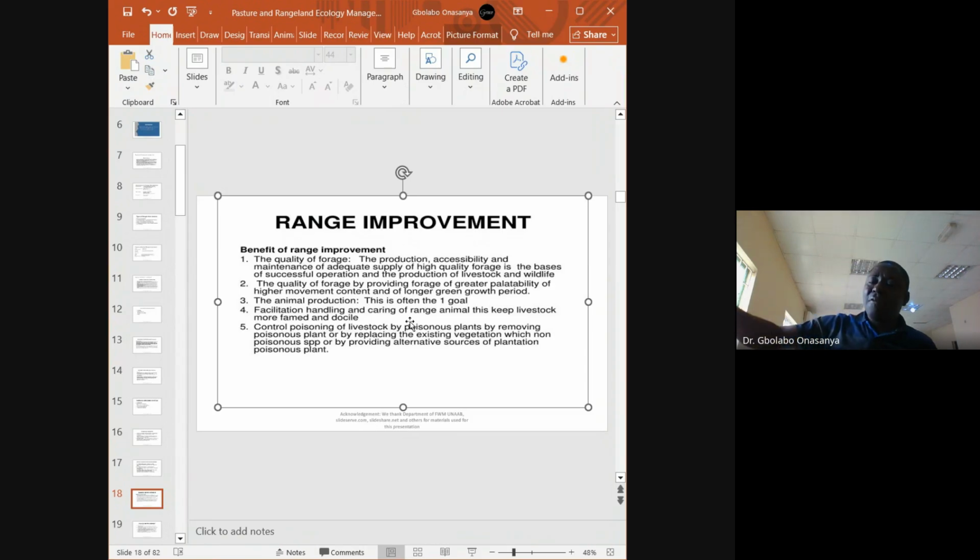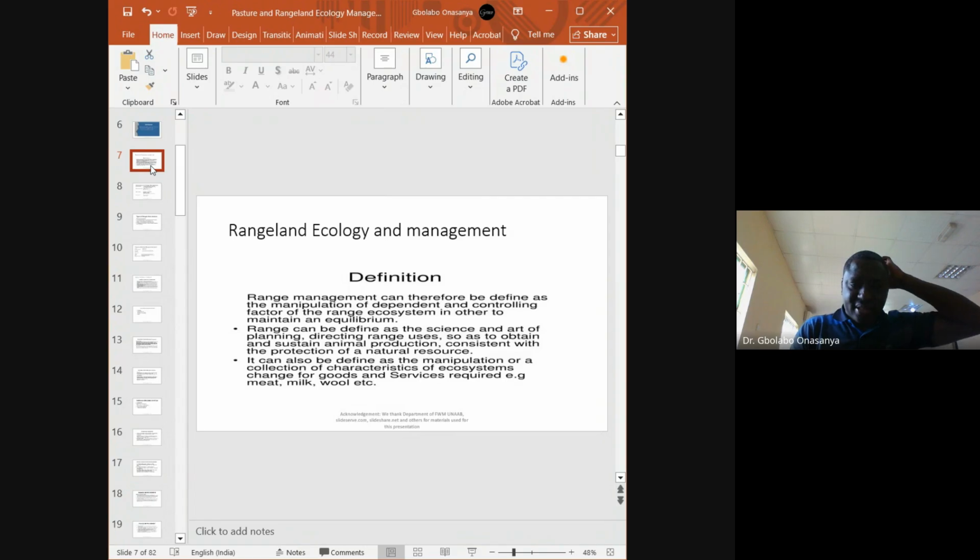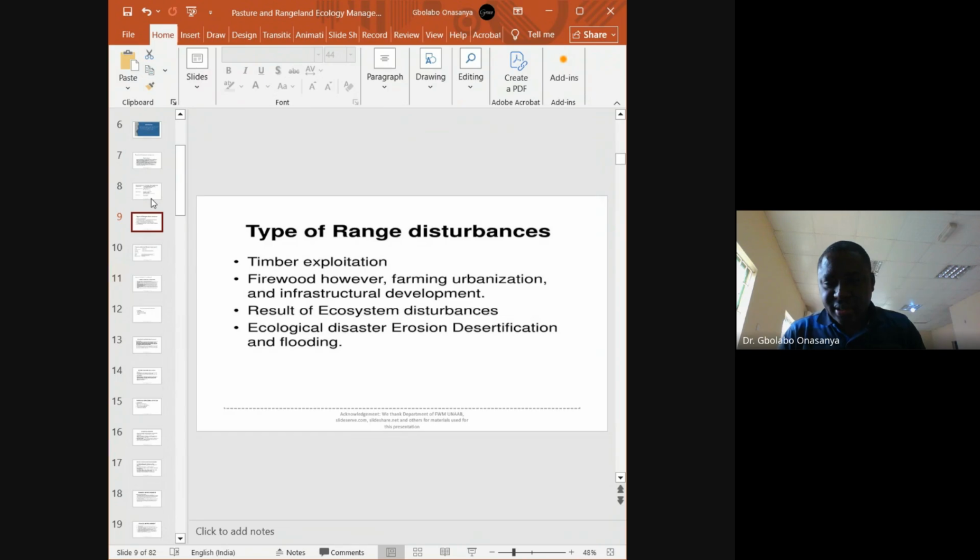So when we have a functional rangeland, the human habitat around that neighborhood will have a wholesome environment. That is the advantage of managing and improving our rangeland. Am I speaking sense?